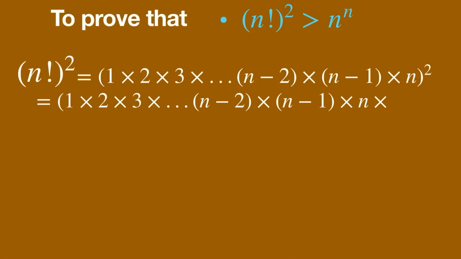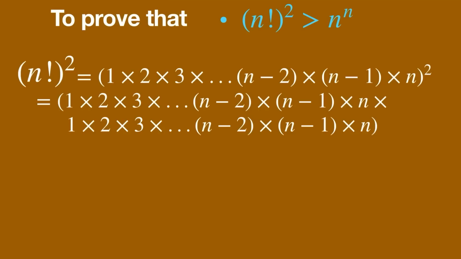Whole square means 2 times, so 1 into 2 into 3 up to n minus 2, n minus 1, then n, and then multiplied by the same, because it is a square, another expansion of factorial n.